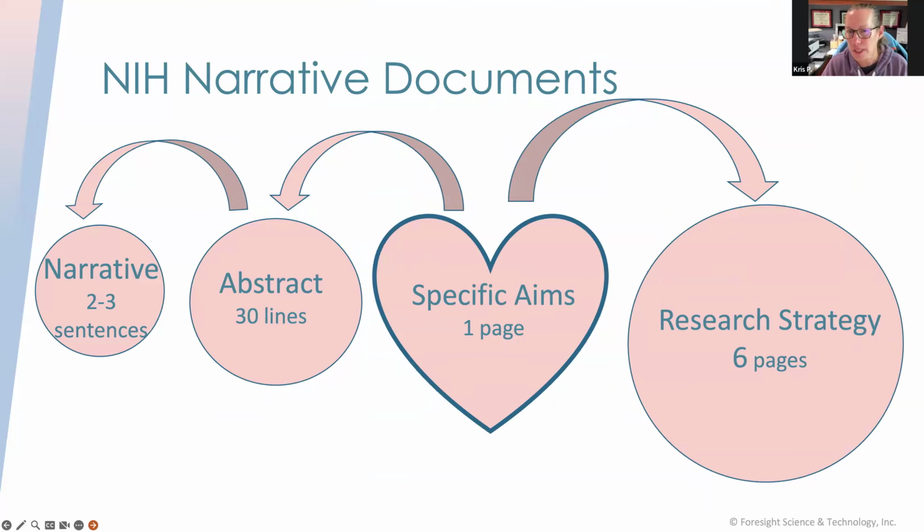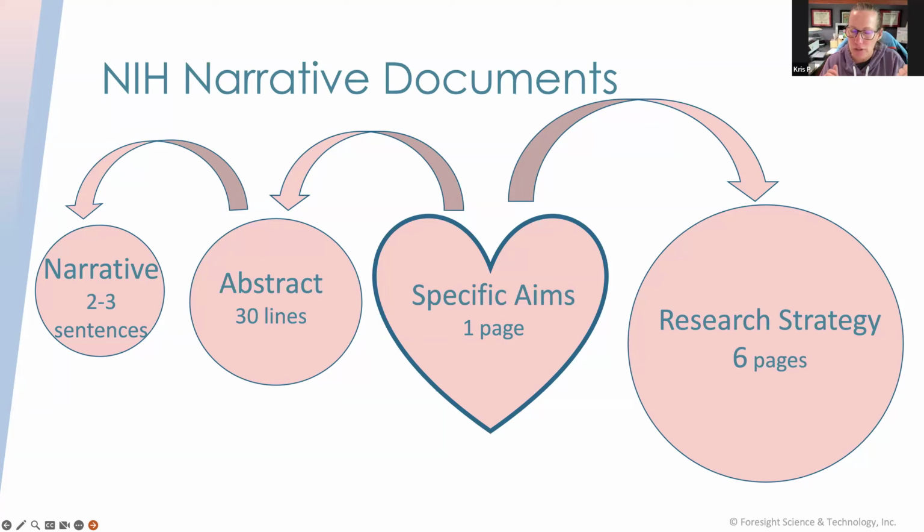So I've talked a lot about that specific aims document and how you need to start that first. It's a one-page document, and I consider it the heart of the proposal. That specific aims document is the key document. The research strategy, which is 6 pages, is essentially your specific aims document on steroids. It's just that document completely blown up.